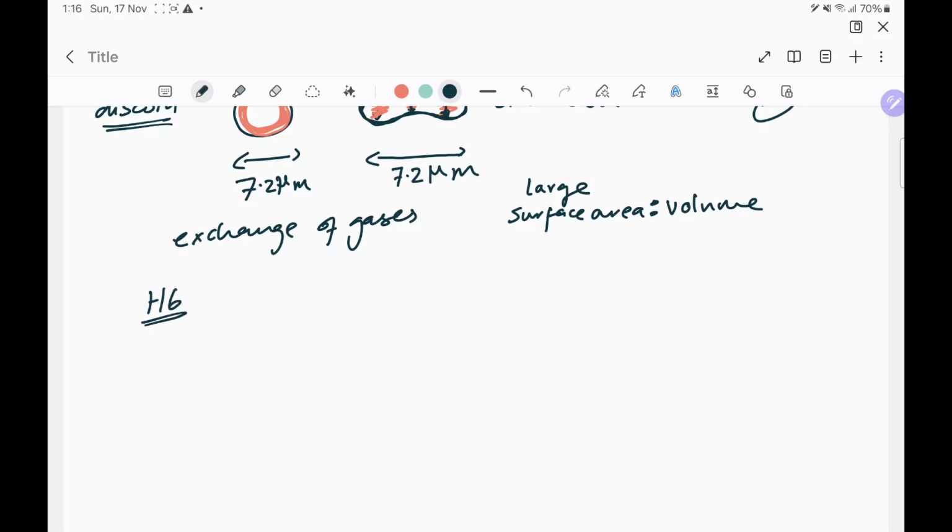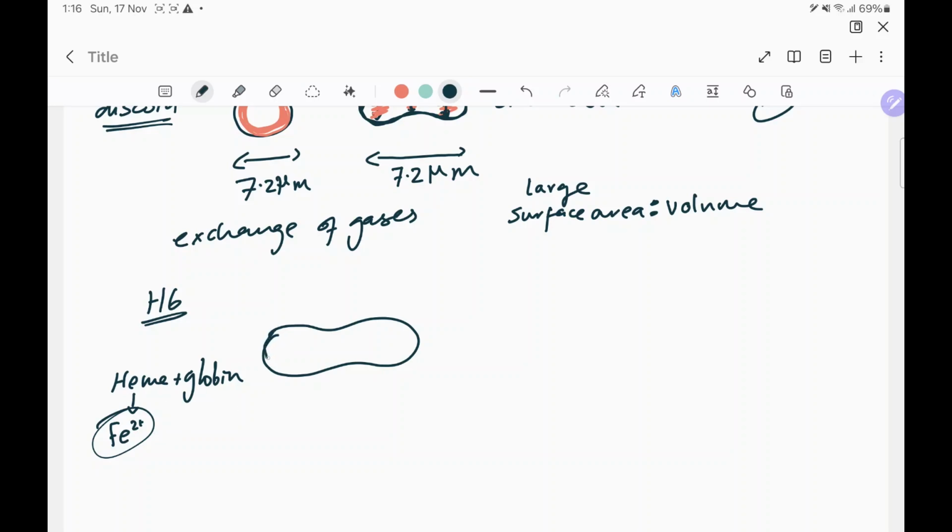Hemoglobin is a very important molecule, and the reason we have these cells holding hemoglobin is that hemoglobin has a heme and a globin. The heme has iron in it, and if we keep hemoglobin in these red cells, it's safe.